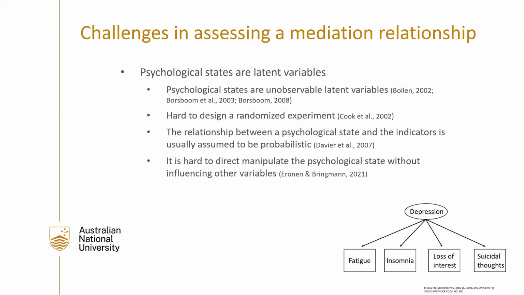This brings us the challenge of designing a randomized experiment to assess their causal effects on outcome variables. Meanwhile, the relationship between the psychological states and the indicators is usually assumed to be probabilistic, and the indicators may also be related to other variables as well. Thus it is hard to directly manipulate these psychological states without influencing other variables.